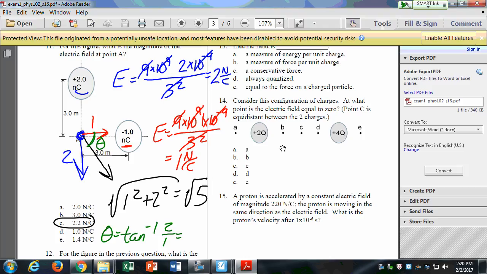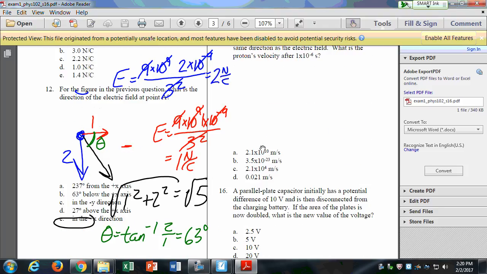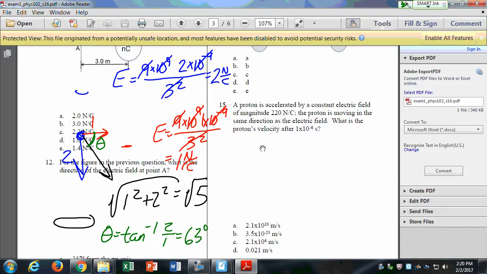You've been doing this for a while, so I think you're probably okay on this. I get 63 degrees. That's 63 degrees below the positive x-axis in this case. Always good to draw your picture so you know which quadrant it lies in, so you can define where the angle is. So that was number 12, 63 below the positive x-axis.